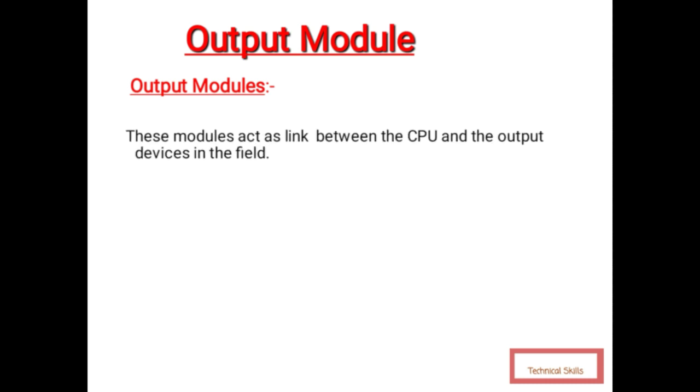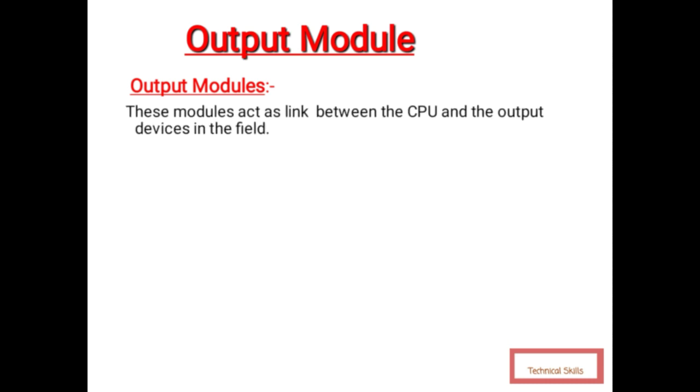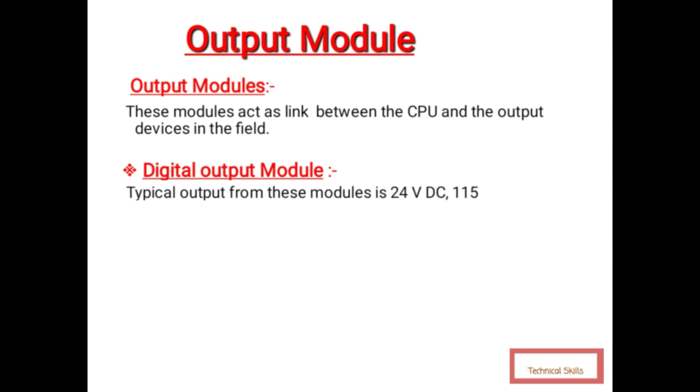Next is output module. Output modules are also of two types. These modules act as a link between the CPU and the output devices in the field. Digital output module: typically, output from these modules is 24 volt DC, 115 volt AC, and 230 volt AC. 115 volt AC is standard in foreign countries.